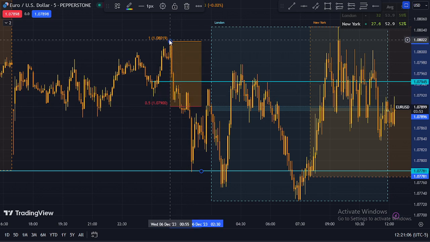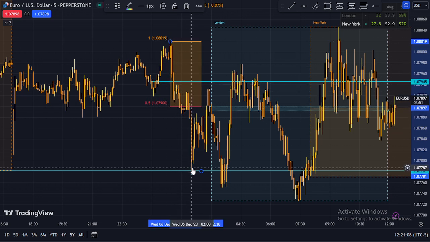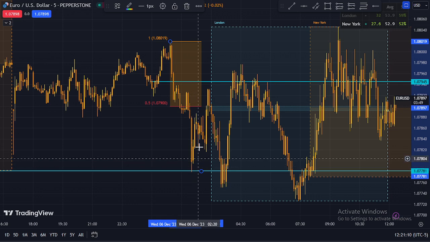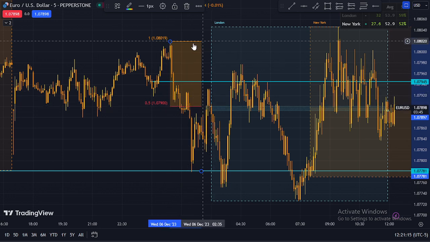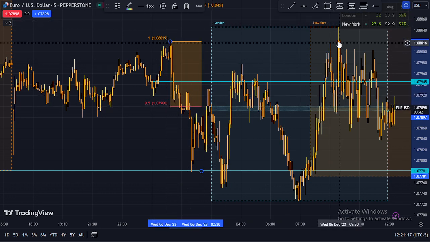So if you take your fib, anchor it to the high, to the low, and the low, 50% means this range up here. Let me illustrate further.